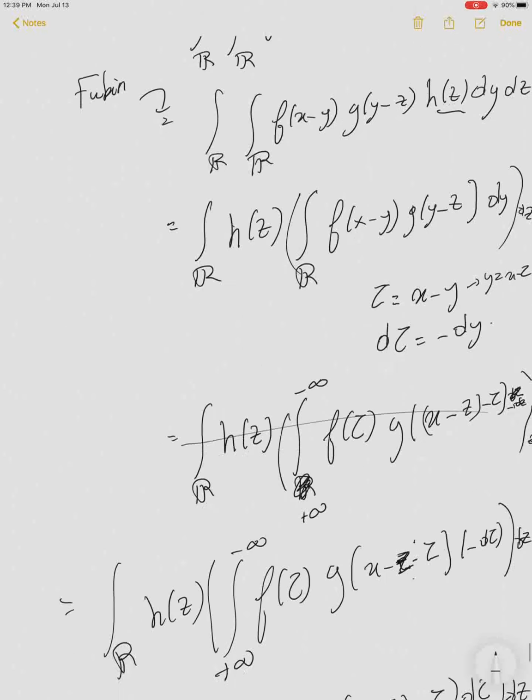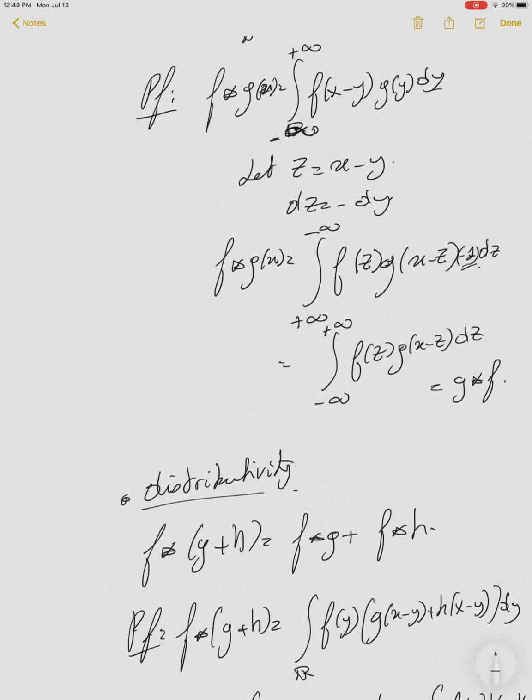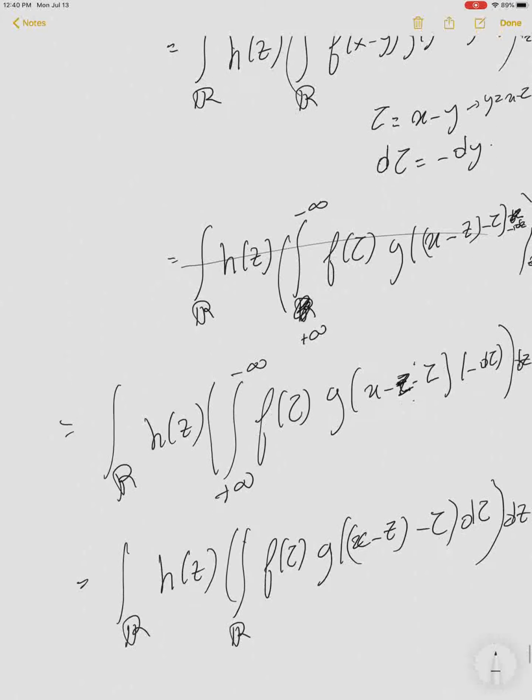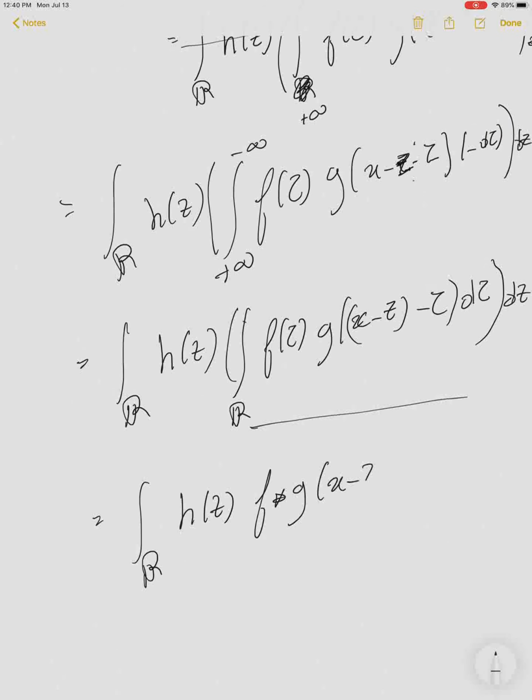But remember from the convolution, what is f convolved with g? f convolved with g at x is the integral of f of z, g of x minus z. So if I replace x by 1, this x will be 1. If I replace x by 5, this should be 5. If x by minus square root of pi, just x should be minus square root of pi. So if this x is x minus z here, and I have minus tau, so this is nothing but the integral over R of h of z times f convolved with g, evaluated at x minus z, dz.